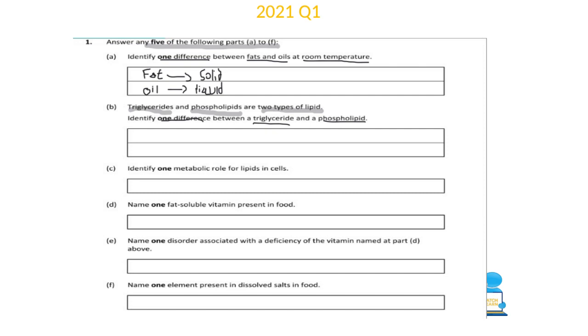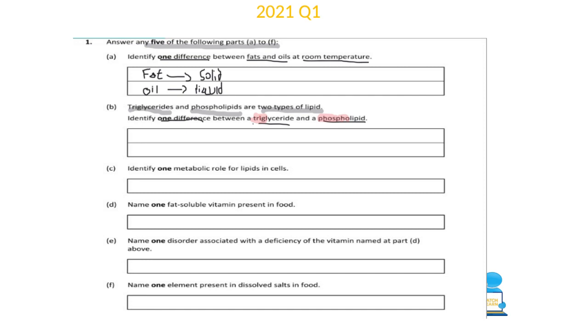So when we look at that word triglyceride, we're going to highlight the tri part of that. So we're going to highlight the fact that this word says tri. And in phospholipid, we're going to highlight the phos part, the phospho part. And that's going to hopefully inform us that there is a difference between both of these and that we will get to the bottom of this difference.